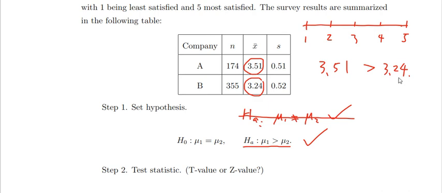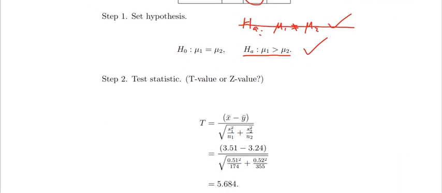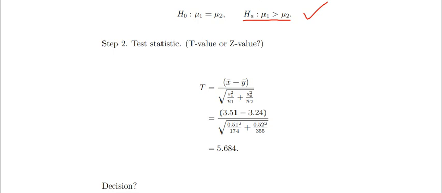Then to find the test statistic, we use this: x bar minus y bar over the square root of s1 squared over n1 plus s2 squared over n2. After some calculation, we find this number is 5.684. Is this a z value or a t value?